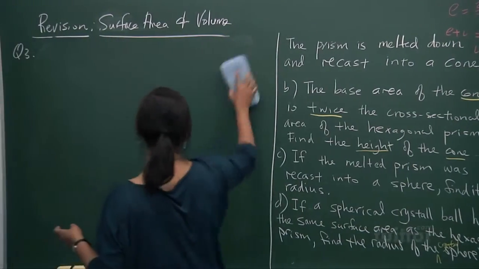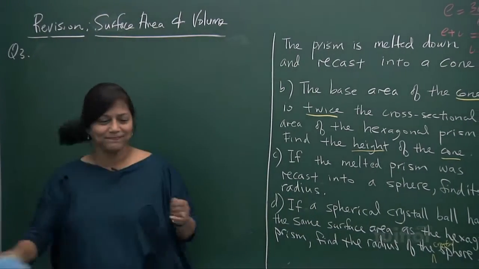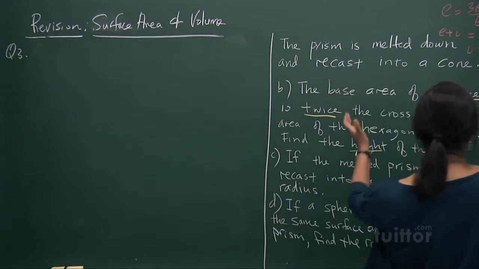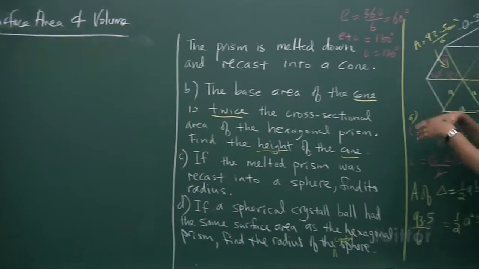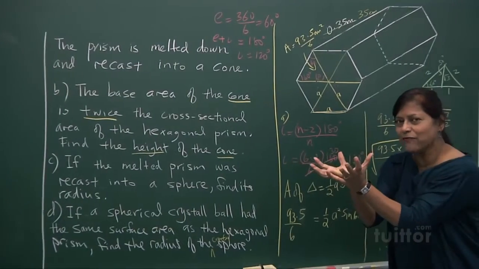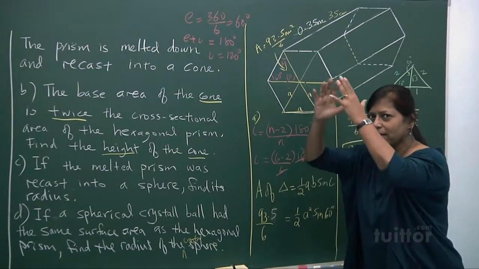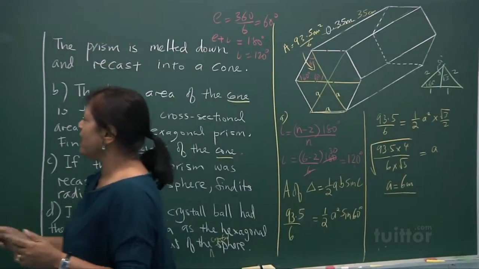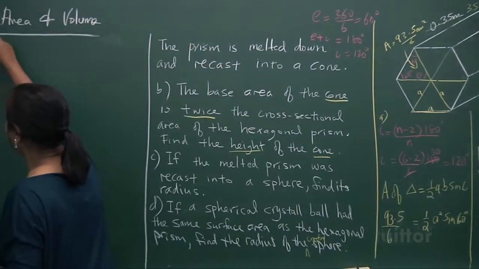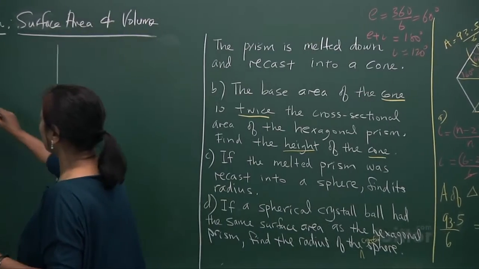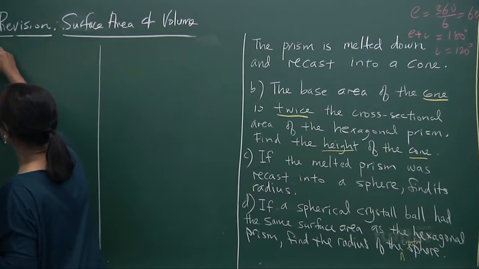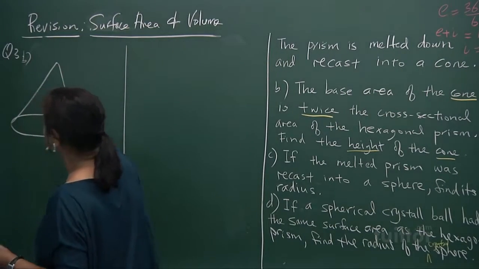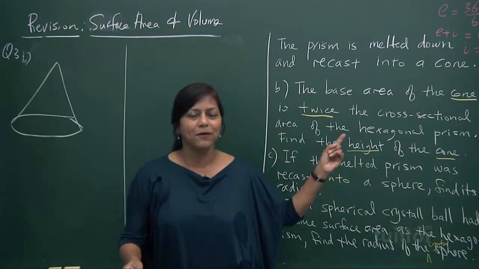Well, I've got a lovely board for you. Right, now let's look at the sum again. Now this whole prism, melt, you get, all right, liquidified, and we now mold it into a cone. And the area of this cone is twice, I'm doing B, the area of this is twice that of the hexagonal prism.